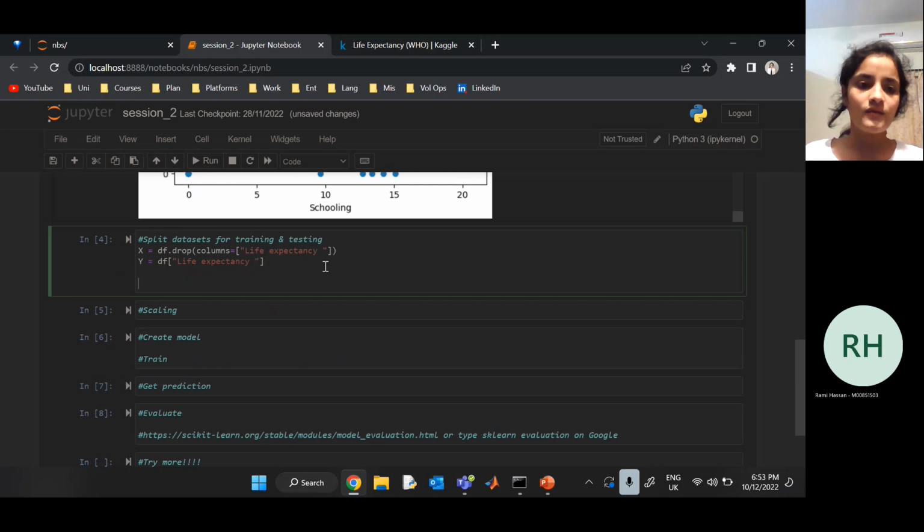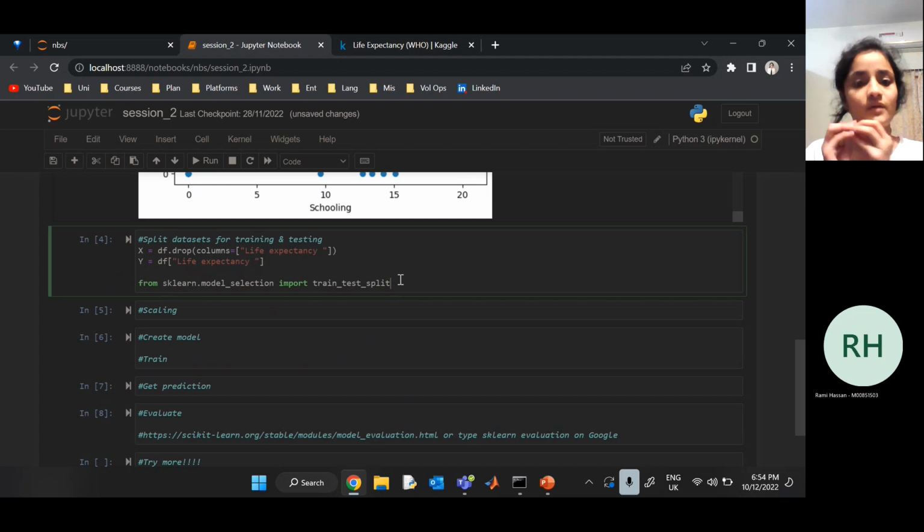Okay, so we have a function in sklearn called train test split, so we're going to use that. I imported only the linear regression object, right? So I need to import this one as well. So sklearn dot model selection import train test split.